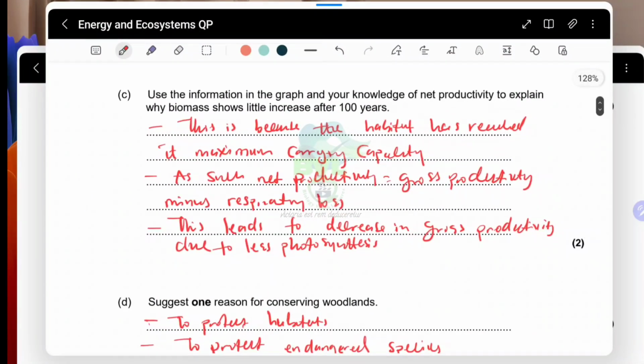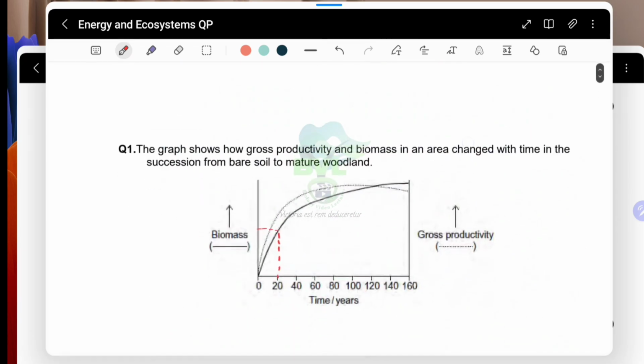Now, this is because the habitat has reached its maximum carrying capacity. Now, please pay attention. It says little increase. I didn't make mention of that, please. Little increase, because you would see that the increase after 100, it was going up, then the increase here is not as fast as it was before.